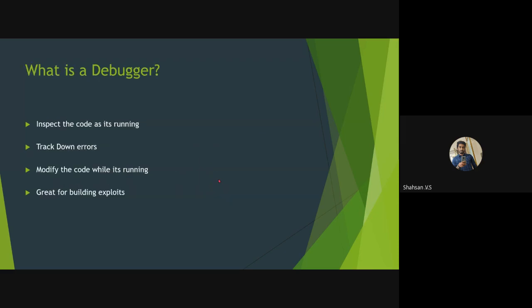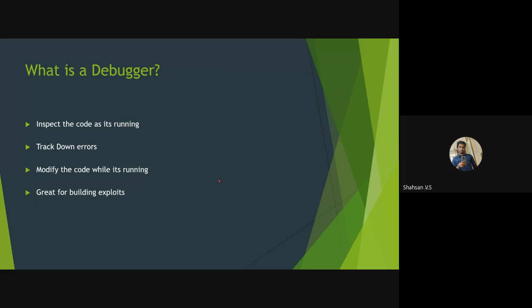That's all about that. And now we'll come to debugger. Before knowing debugger, you need to know what is debugging. Debugging is the process of detecting and removing existing and potential errors or bugs.